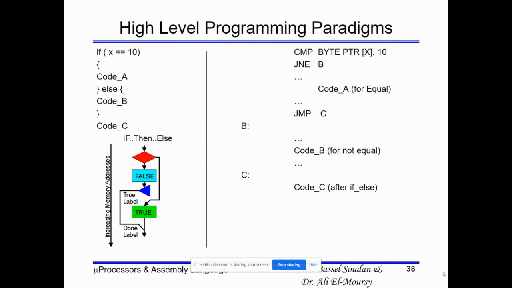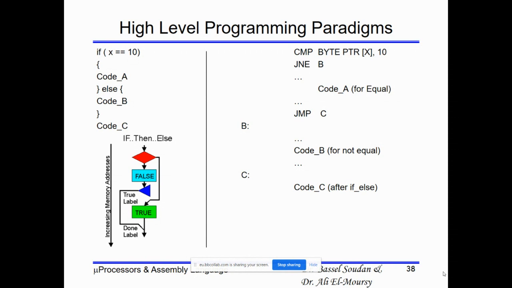In slide 38, on your left-hand side, you have a condition for x equals 10. Inside the if brackets, I have code for A. In the else, I have code for B. And outside the if-else, I have code for C. In order for this code to be written in the same order, I will have a comparison between the memory location X and the value 10.